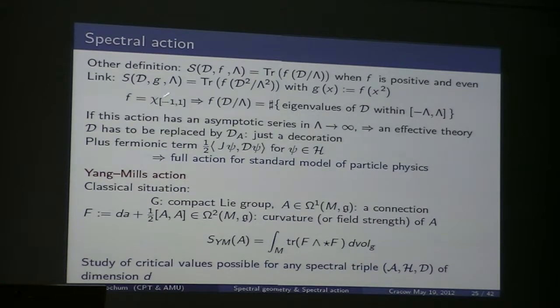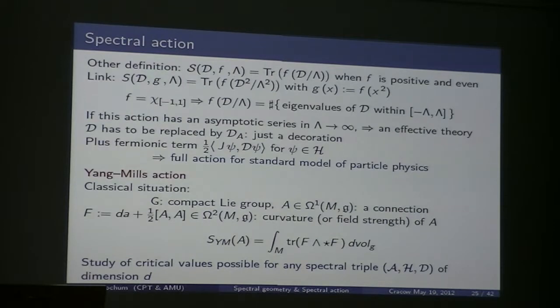Anyway, when f is the characteristic function of this interval, what is f of D over lambda? You just have to count the eigenvalues of D which are between your energy scale. Lambda could be seen as some energy, even if it's the wrong dimension. So if you admit that this action has some asymptotic series when the energy is pushed away, then you end up with some effective theory.